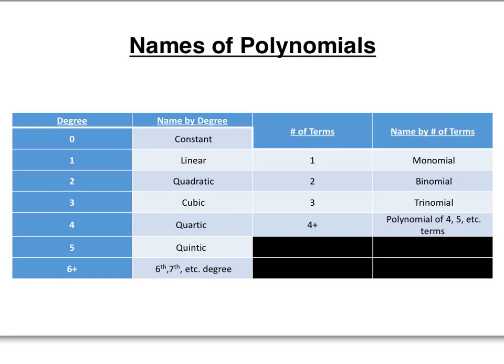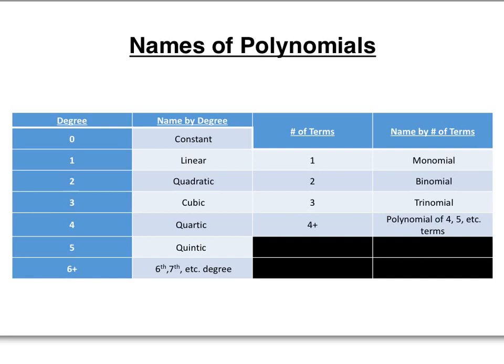A polynomial of degree 0 is constant because x to the 0 is 1, which would mean that it would only have a number. A polynomial of degree 1 is linear. That's like x plus something. That should make you think of y equals mx plus b and make you think of lines. Quadratics we spent a good deal of time with last semester, x squared.